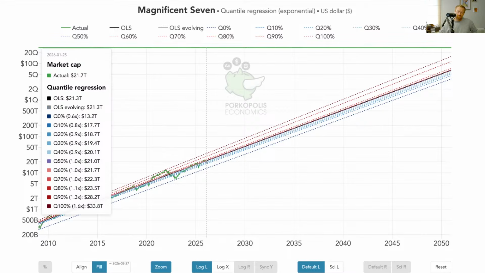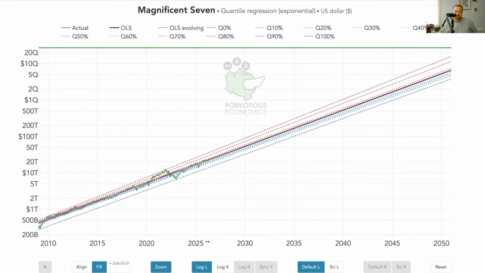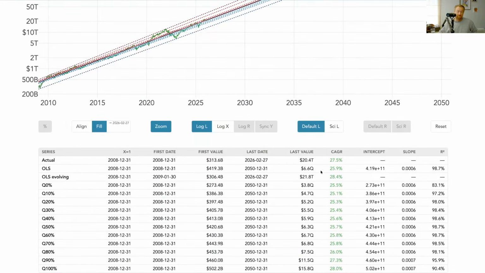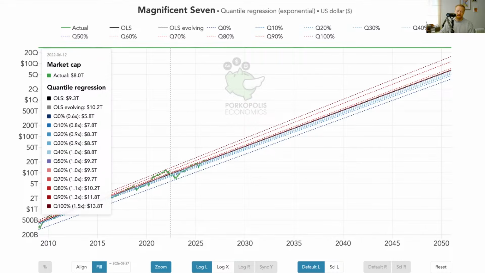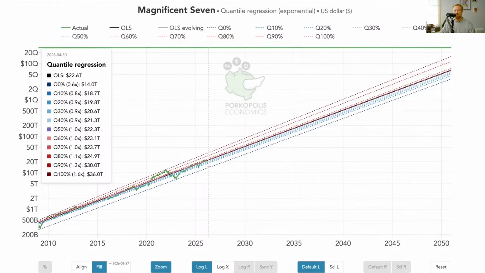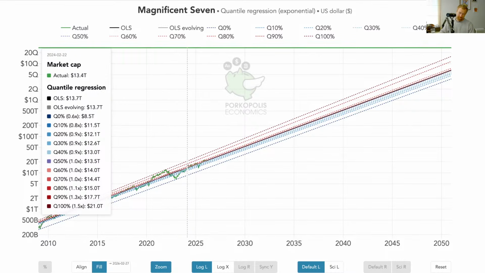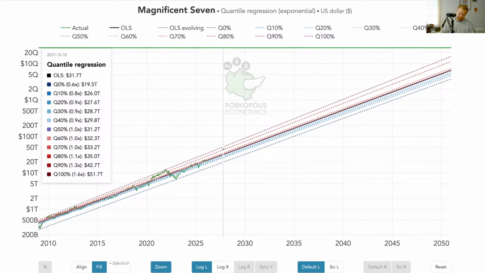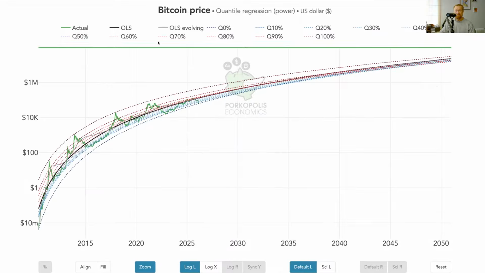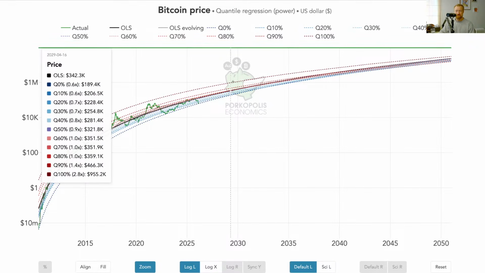So just taking the best looking stocks in the stock market, or the most hyped, right? And again, don't get me wrong, you can get great returns here, 25, 27% CAGR. They actually become slightly more volatile over time. The extremes grow, whereas Bitcoin's extremes collapse. Collapse might be a strong word, but they shrink.